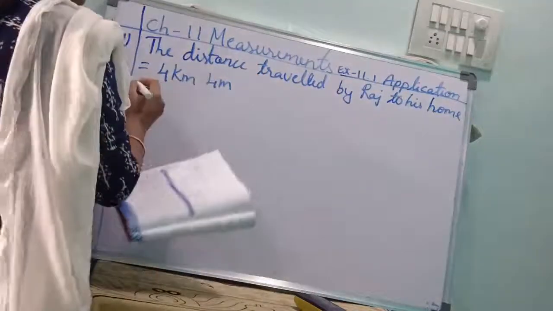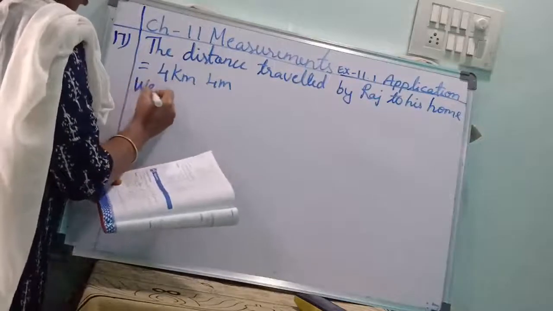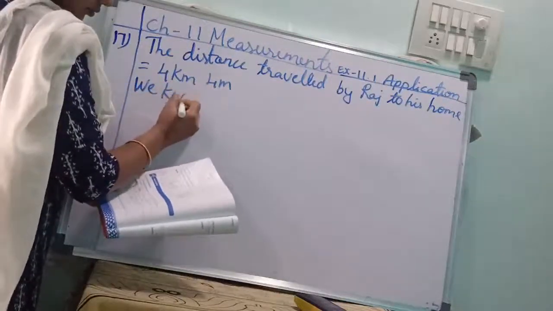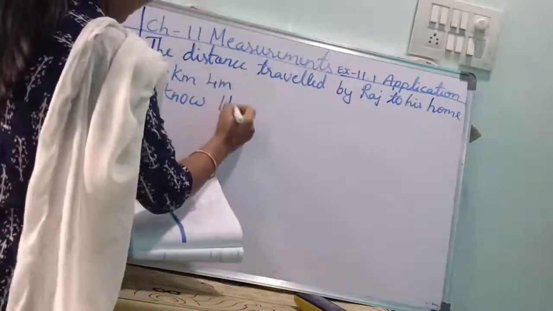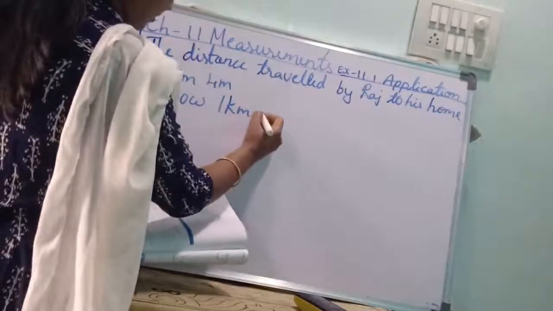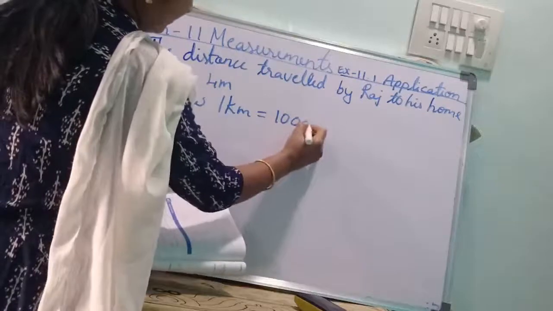We know 1 kilometer is equal to 1000 meters.